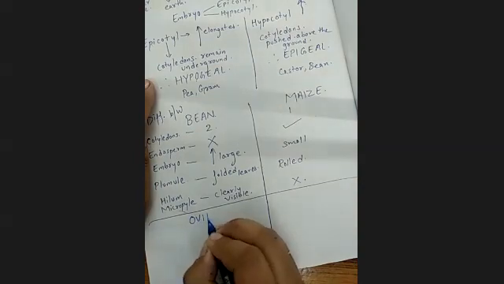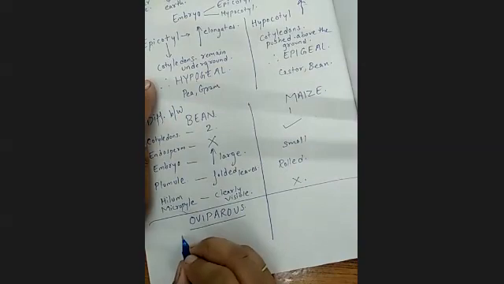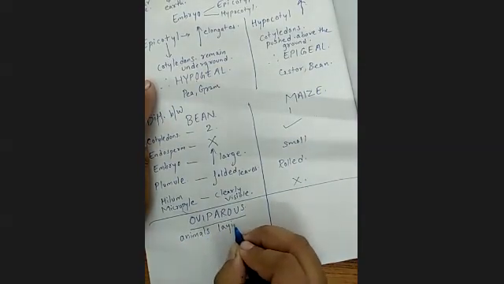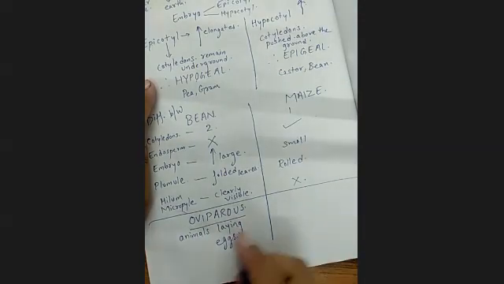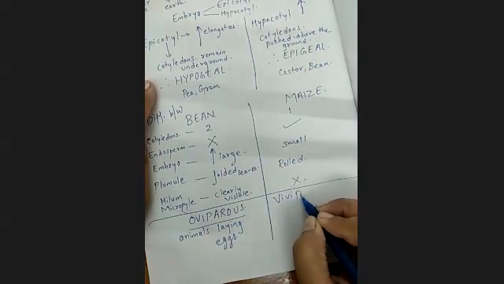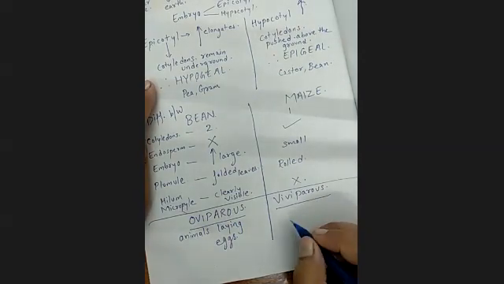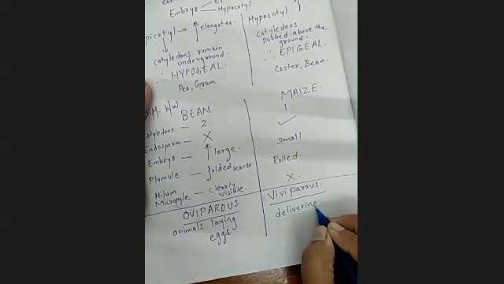If we say oviparous, that means the animals laying eggs. Okay, they are called oviparous. Egg laying animals are oviparous, while viviparous means the animals delivering babies.